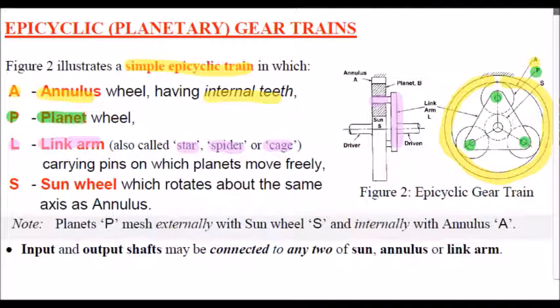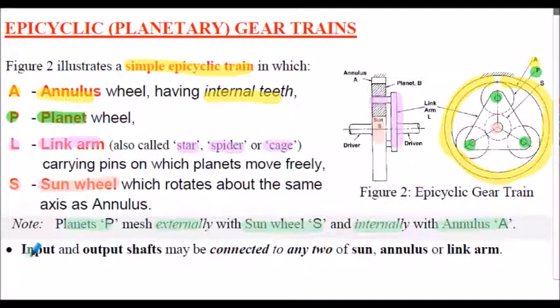And then we have the sun wheel, which is the center wheel here. That will be the sun wheel right in the middle there. Sun gear we've got here. So just think of this carefully. We've got the planets P. They mesh externally with the sun wheel S, okay, and they mesh internally with the annulus A, so just be careful of that.